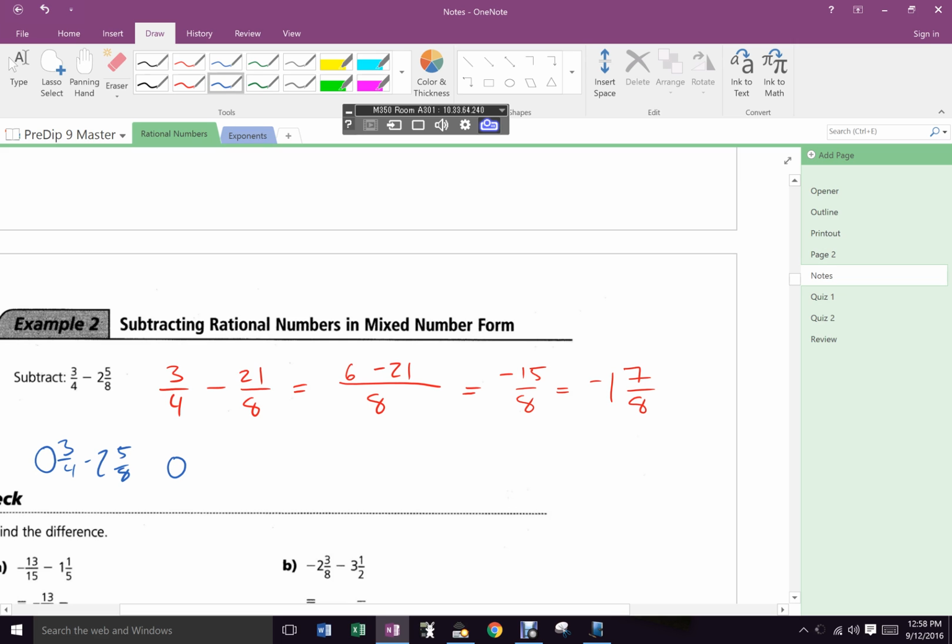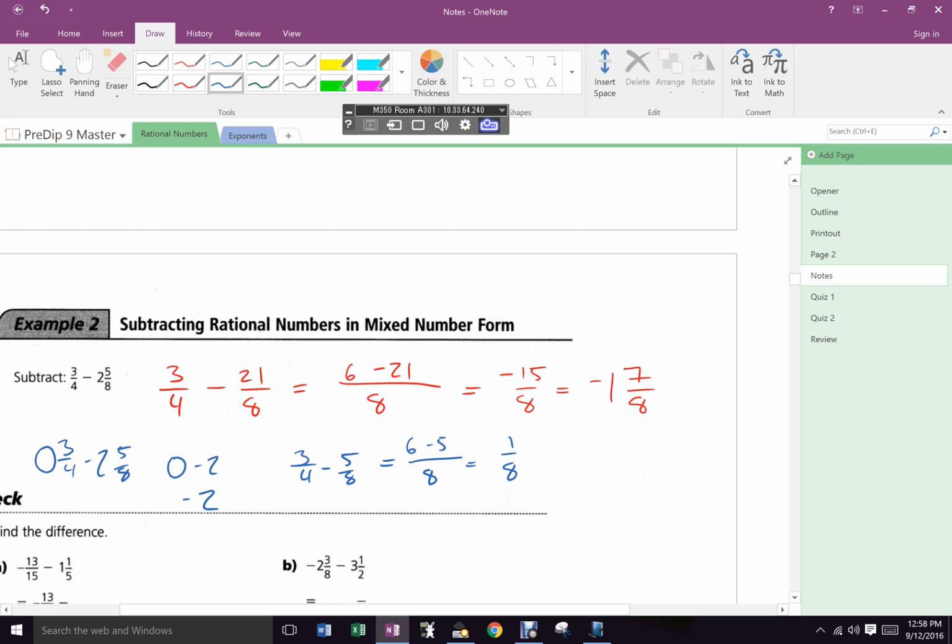So you went 0 minus 2 to get -2, correct? And then you went 3/4 minus 5/8. It was over 8, so it was 6 minus 5, which was 1/8, correct? So now you had -2 and a positive 1/8.